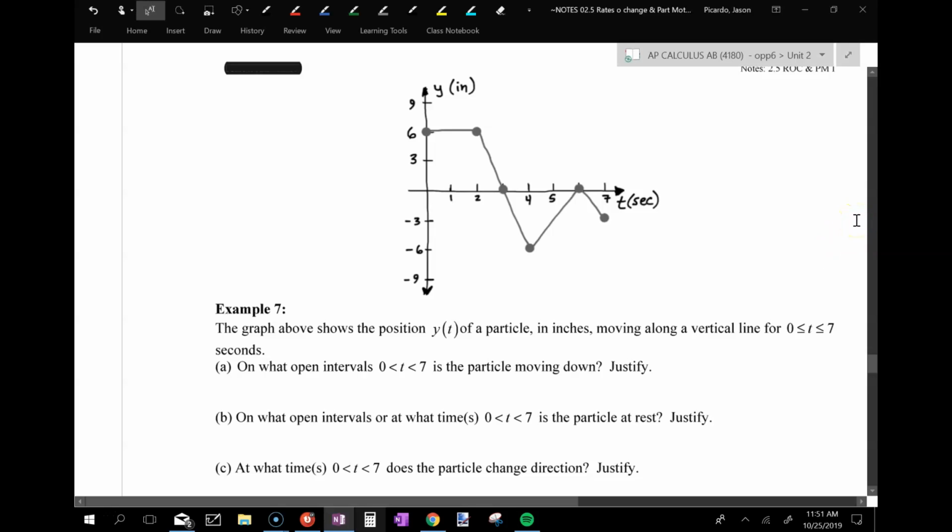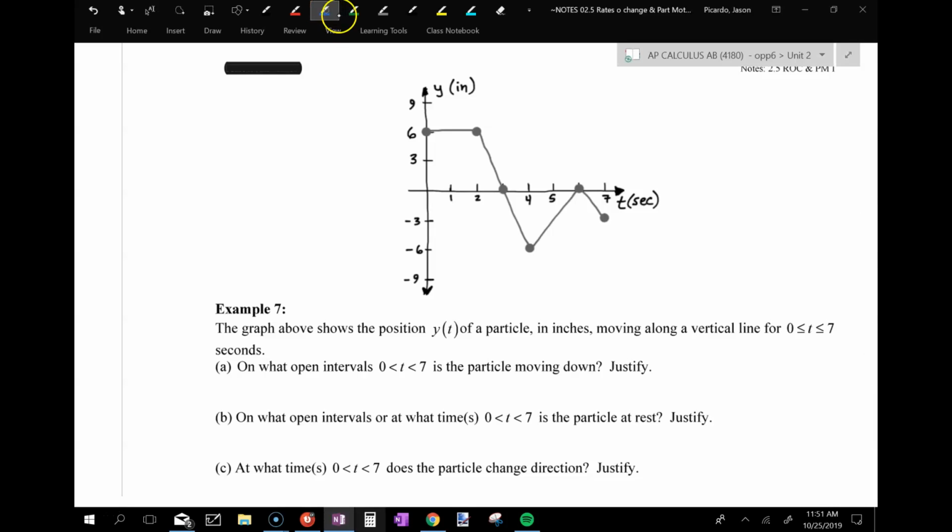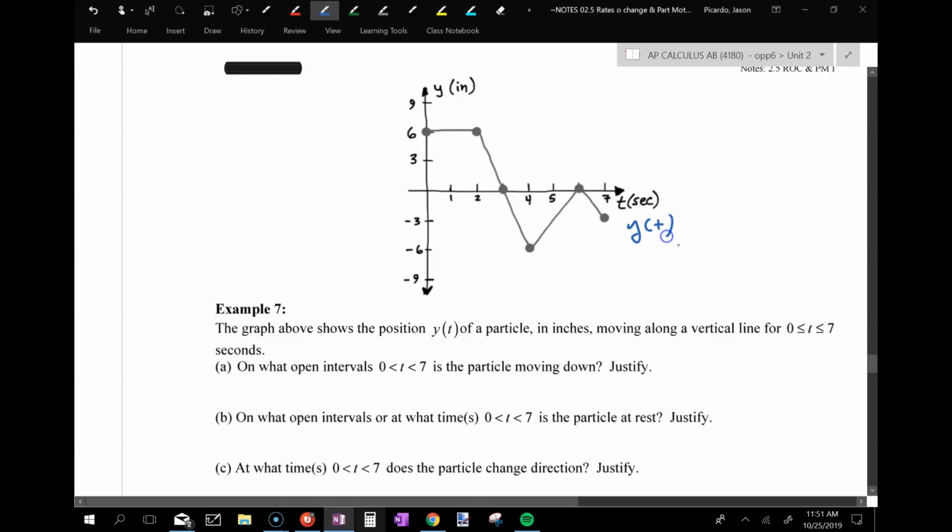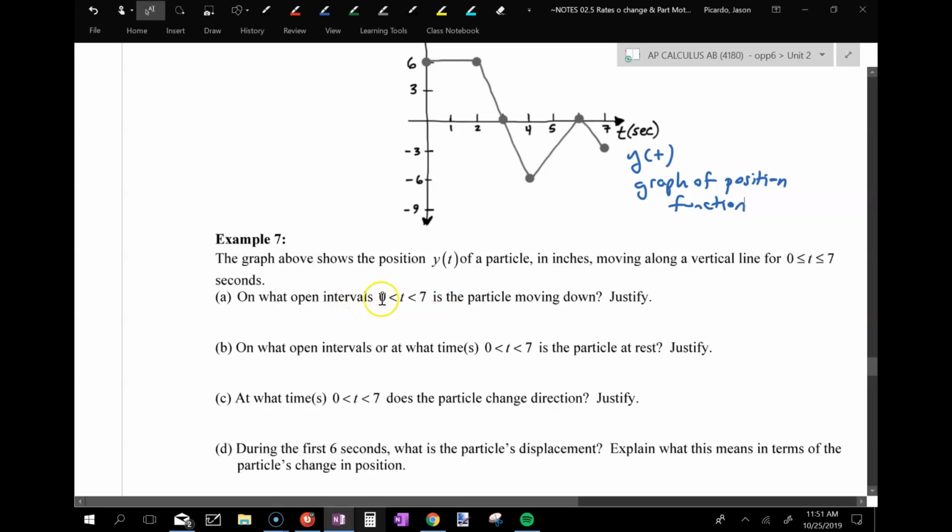So this is a graph of a position function. So our entire conversation, guys, that we're going to have is identical to the conversation that we had on that last problem.